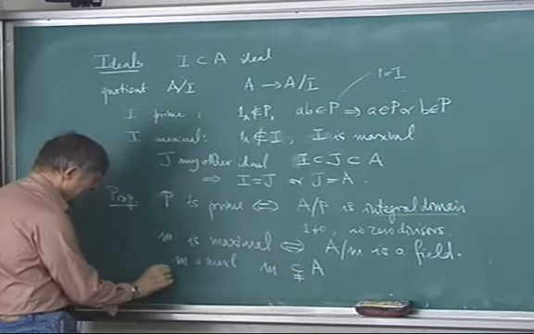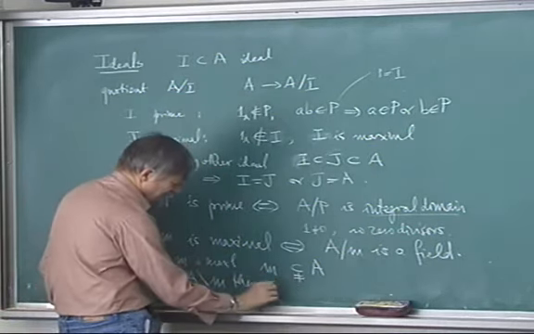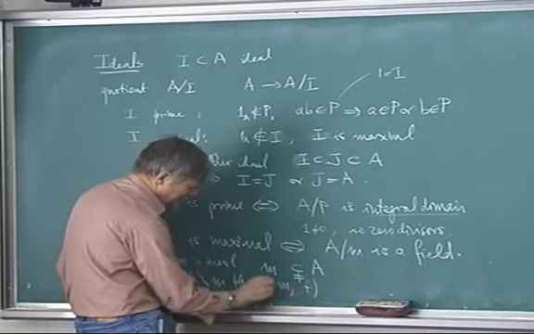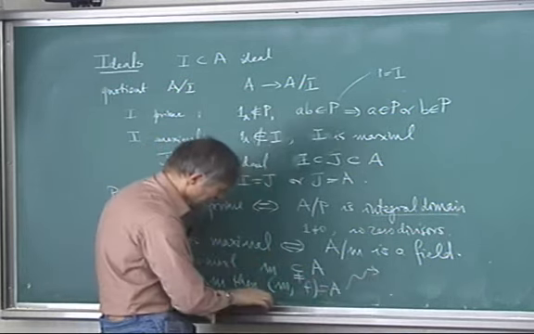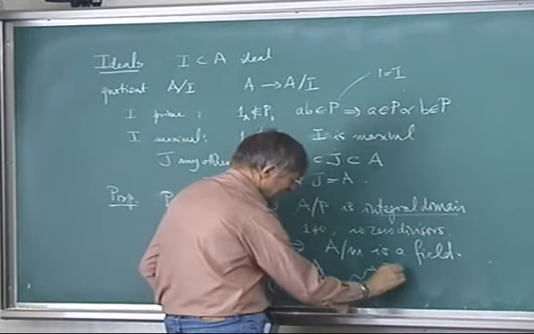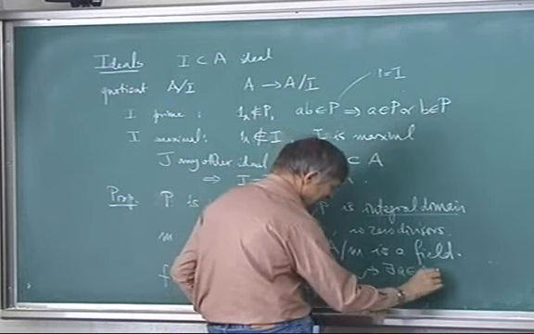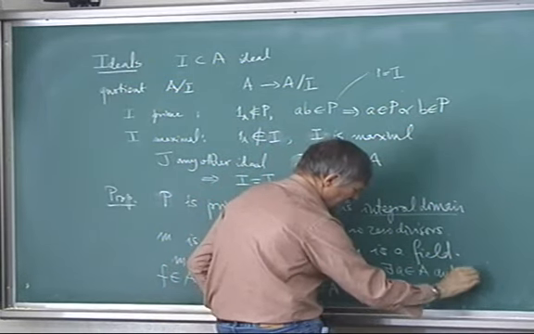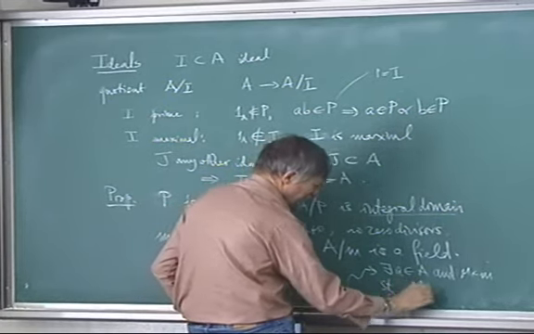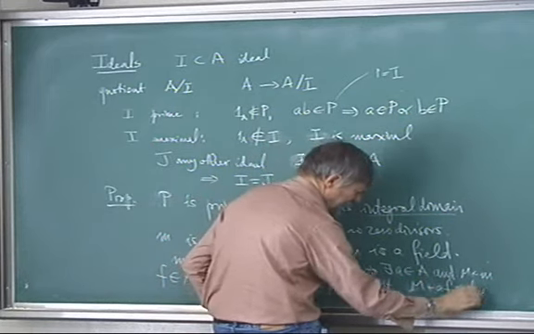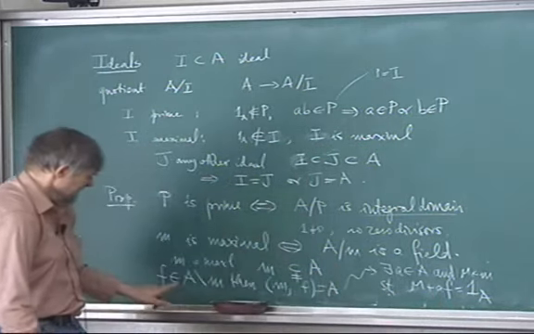And if F is in A and not in M, then there's a bigger ideal there, M and F, strictly bigger, and this has to be the whole of A. And this means that there exists an A in A and some element M in M such that M plus AF equals 1A.